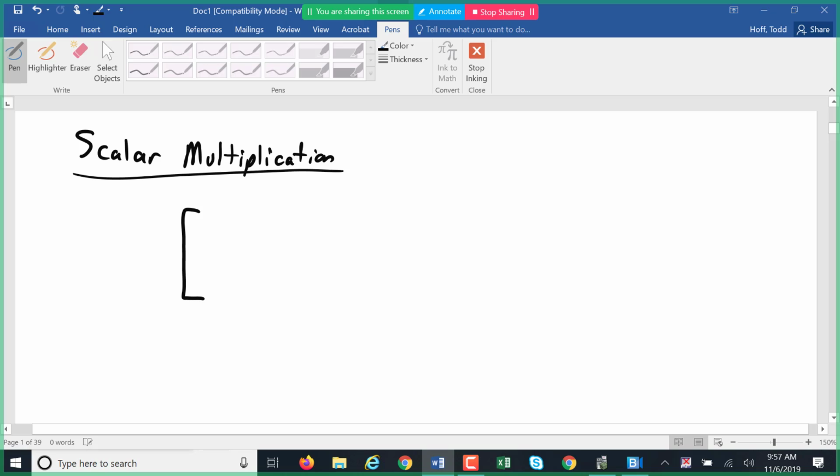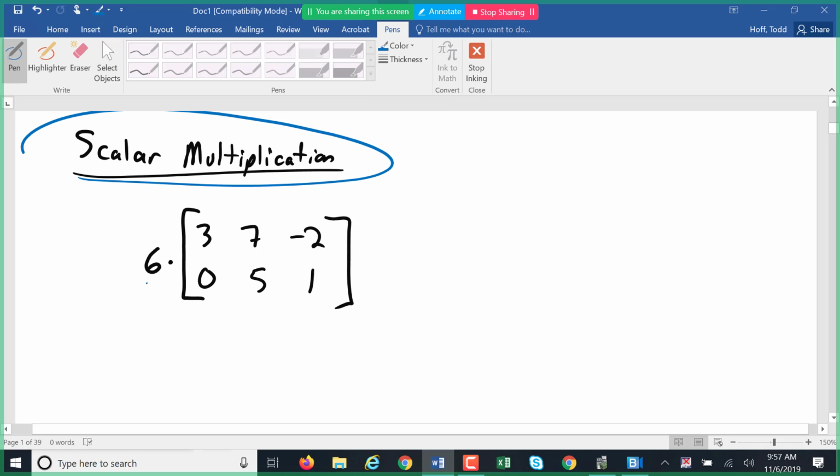For example, let's have 3, 7, negative 2, 0, 5, and 1 as our matrix, and we're going to multiply that matrix by 6. Multiplying the matrix by 6 makes this a scalar multiplication. The scalar is the 6. It's multiplying.